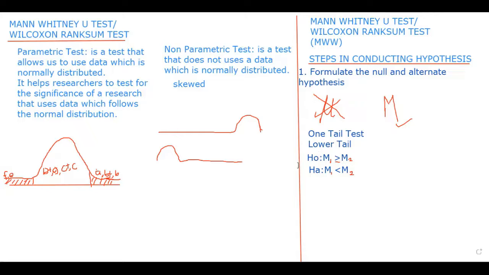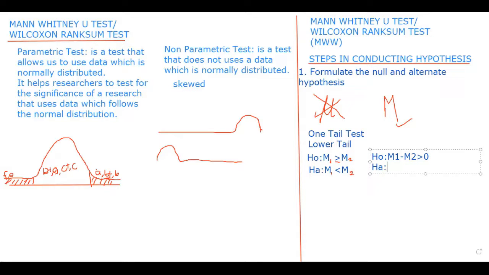So you can write it in this form as well: H0 is such that M1 minus M2 is greater than or equal to 0, and this one will be HA.